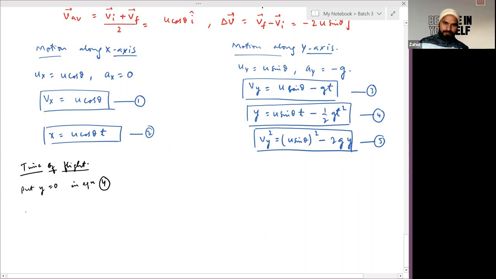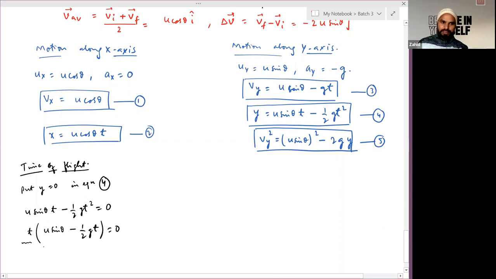You will get u times sine theta into t minus half g t square equals to 0. If you take out t as common, you will be left with u sine theta minus half gt equals to 0.